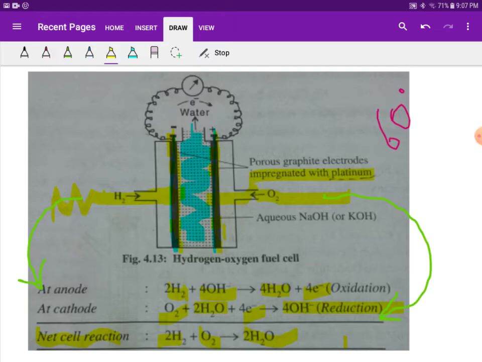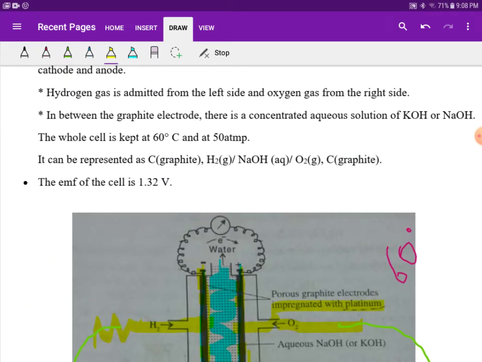That means 2 hydrogen molecules combine with an oxygen molecule to produce 2 molecules of water, but electrical energy is produced with an EMF of E cell equal to 1.32 volts.